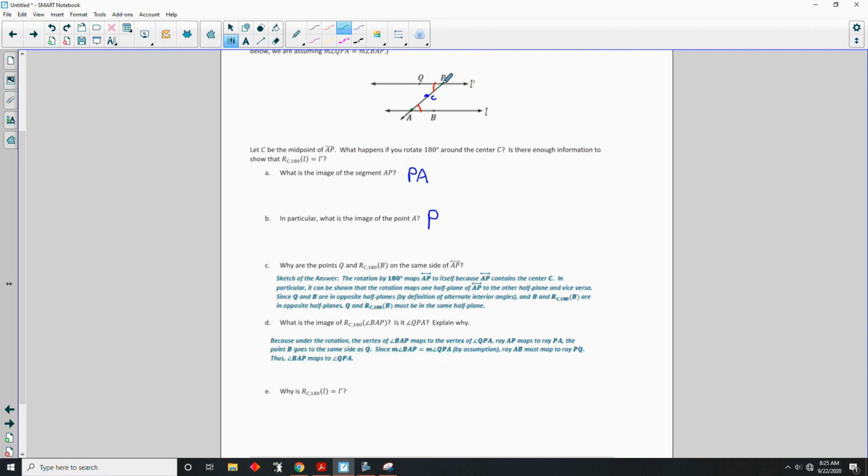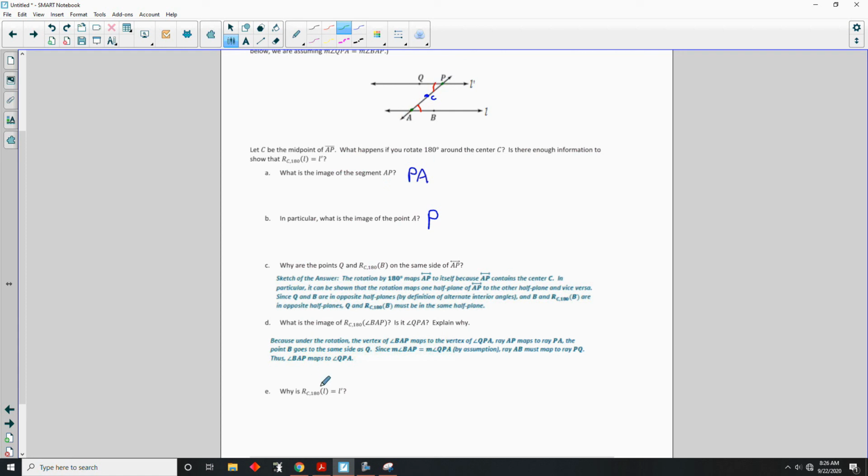So basically they're saying point A maps to point P. Ray AP maps to ray PA, and the point B goes to the same point as Q. Since the measure of angle BAP equals the measure of angle QPA, by assumption, ray AB, that's this one, must map to ray PQ. Thus, angle BAP maps to angle QPA.